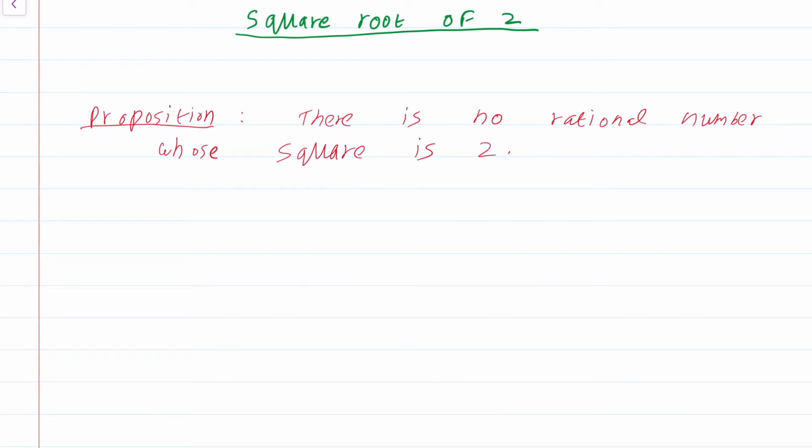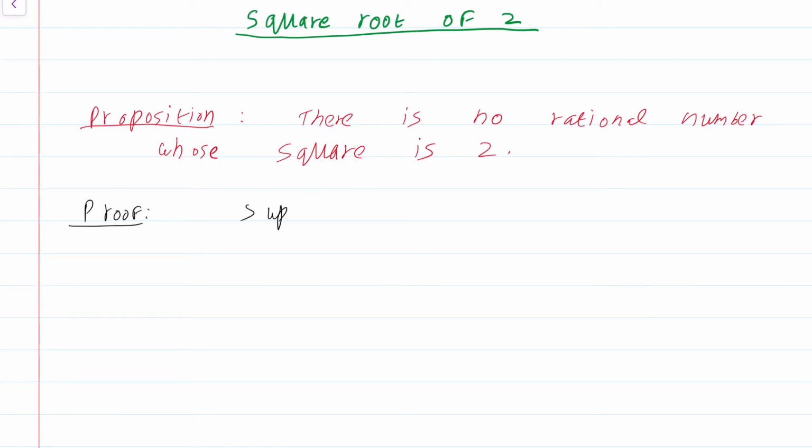So I am not stating that square root of 2 is irrational. We don't even know what irrational numbers are so far. What I am stating is, if you take a rational number and square it, you cannot possibly get the number 2. Let's see the proof.